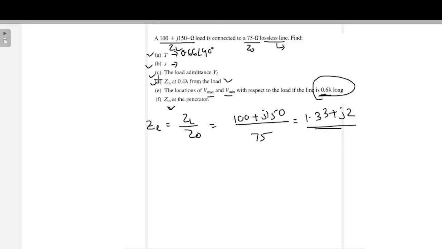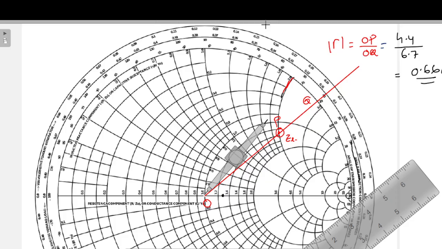Next is to find the VSWR. How to find the VSWR from the Smith Chart? You need to use this compass. Keep one point at the center of the Smith Chart, that is the 1.0 point, and the other point at the point we have taken for ZL, and just draw a circle.